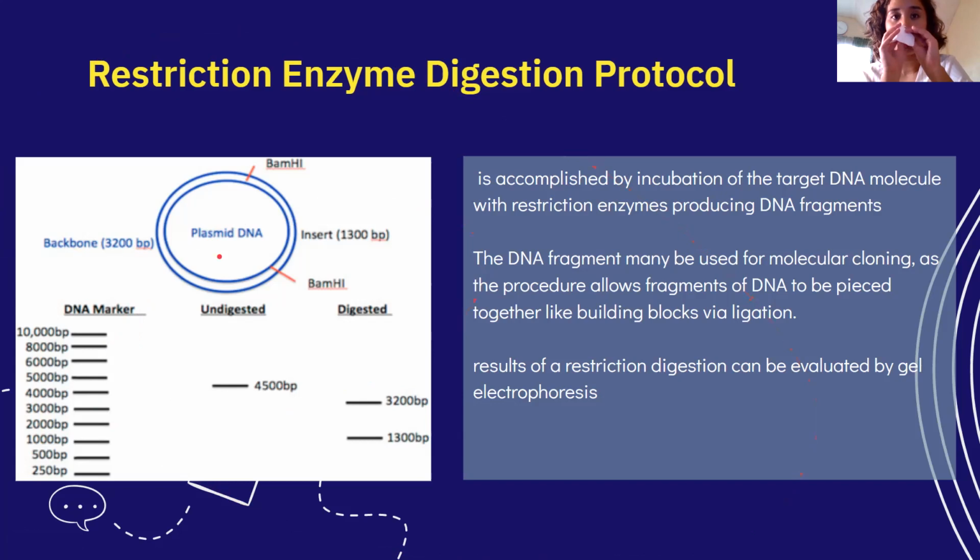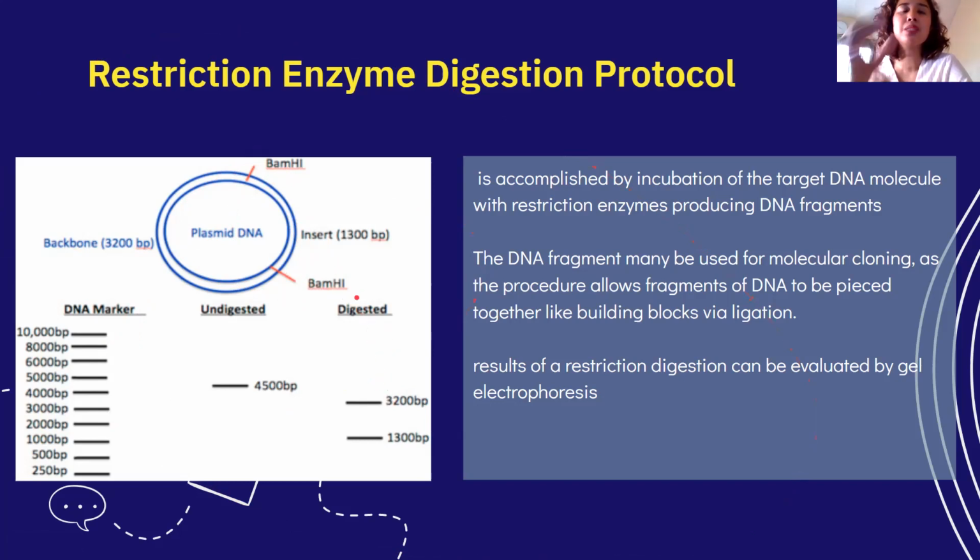So, this one is a plasmid DNA. So, notice that your plasmid DNA has two restriction sites for BamHI restriction enzymes. Yan. At, guys, pag expose mo tong plasmid with the restriction enzyme, it's called digested. Yan.